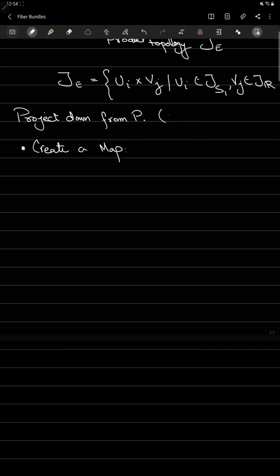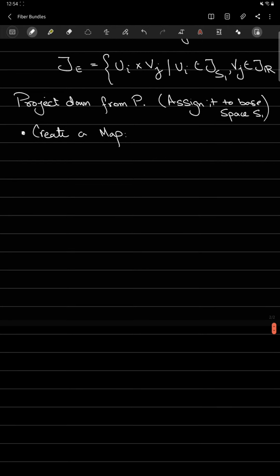Because we can assign it to the base space, for our case that is the S1 circle. Right, okay, so first step to do that is to create a map, and this map is called a projection map, right? Because we want to project down, so we'll just call it a projection map, and it is labeled as pi.